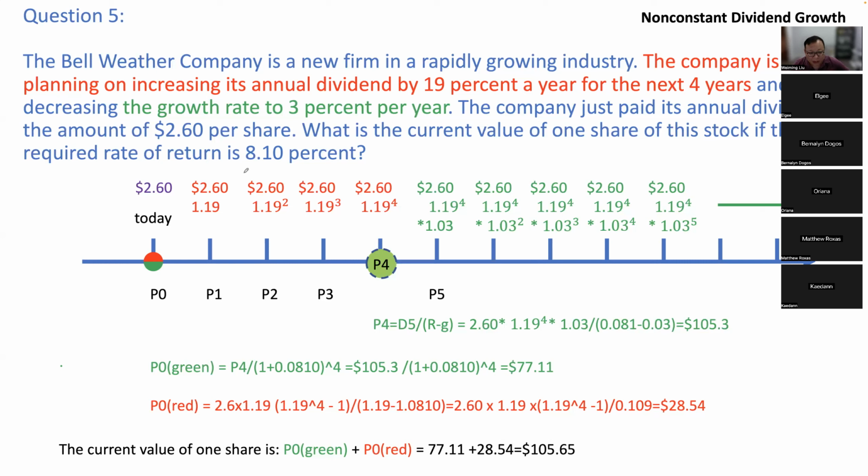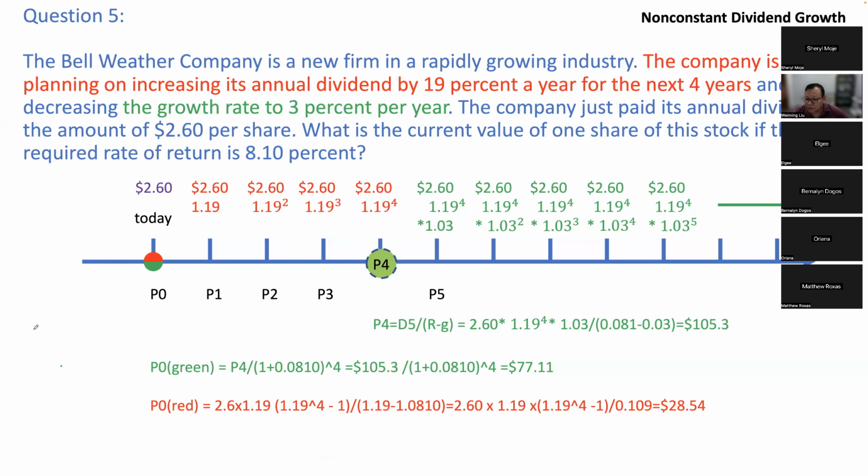And this red one, you may want to read the textbook again to make sure you understand that formula. So if you are lost, or when you practice more questions and you're still not clear, definitely let me know, okay?